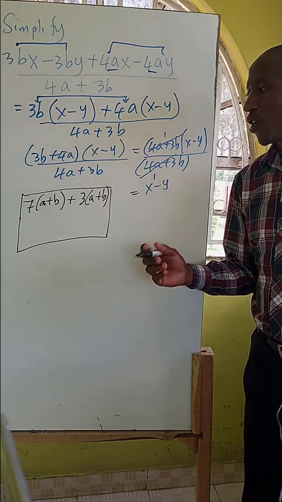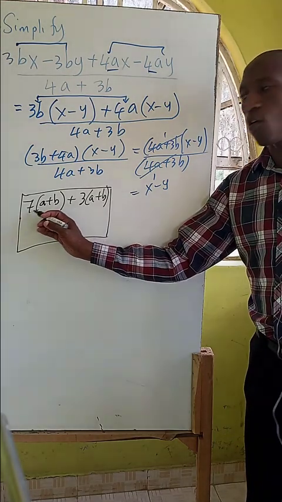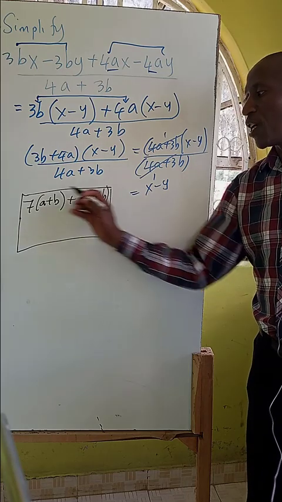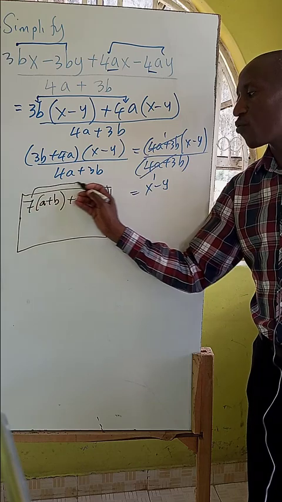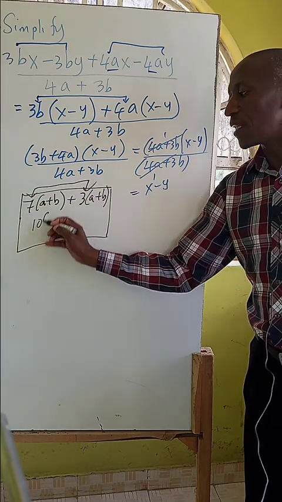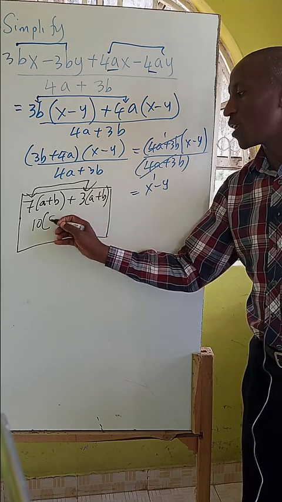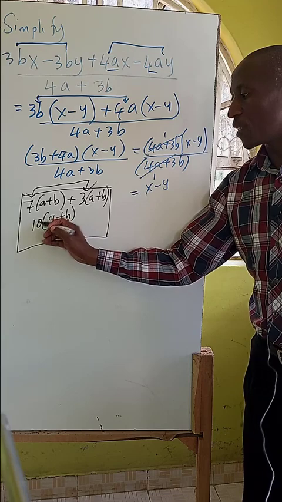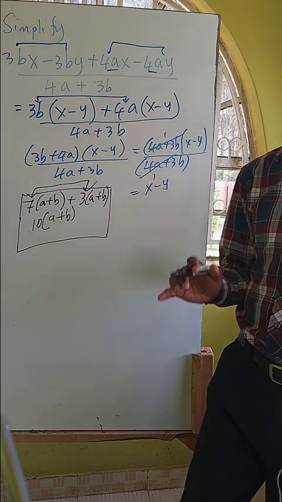What is the result? So you have 7 items called A plus B and another 3 items called A plus B. So you take the 7 and you add to the 3, and that gives you 10. 10 of the items called A plus B.